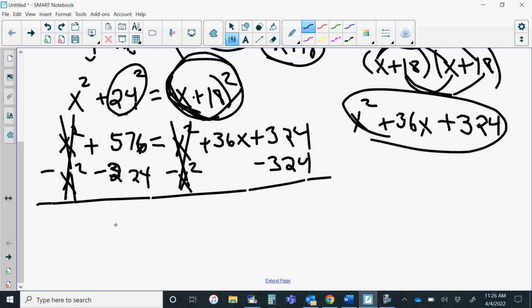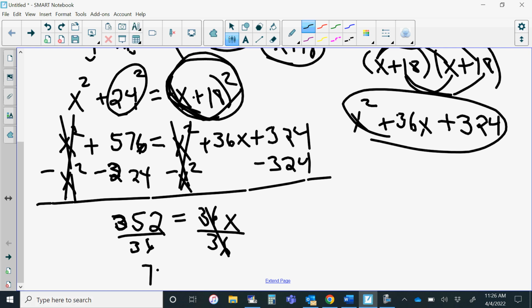And when I do that, I get 352. And that equals 36x divided by 36, divided by 36. And I get 7, I think. Minusing 324. Yeah.